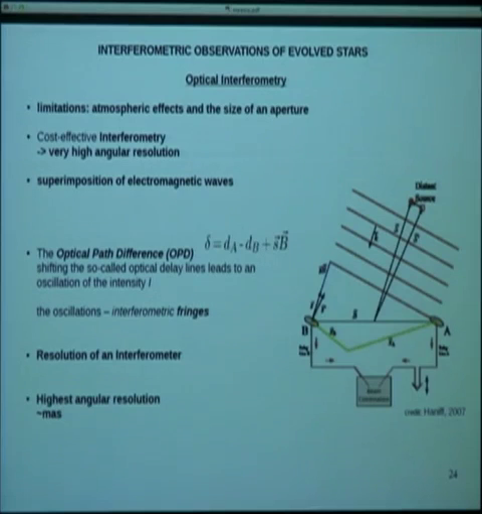And you can see that we are observing the science source, and you see the wave which is arriving at the telescopes. And at the telescopes, the wave is arriving with a little bit of delay.